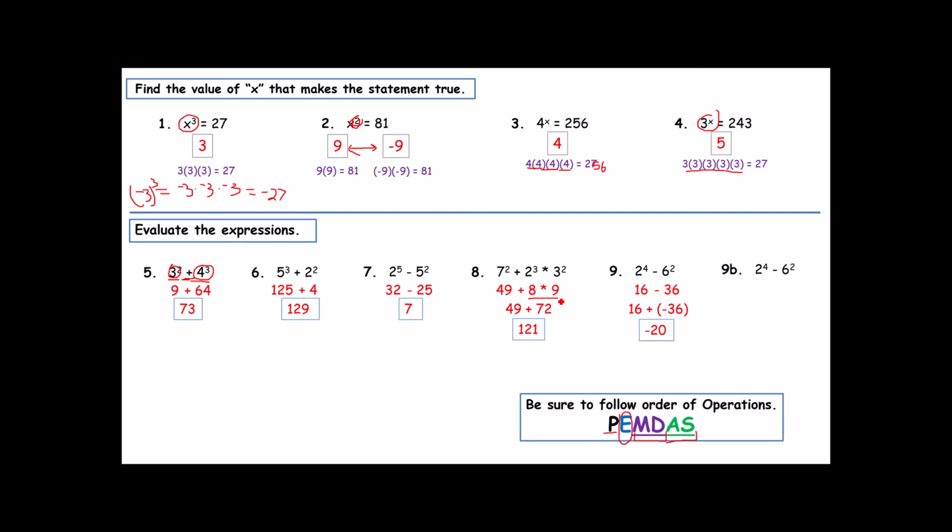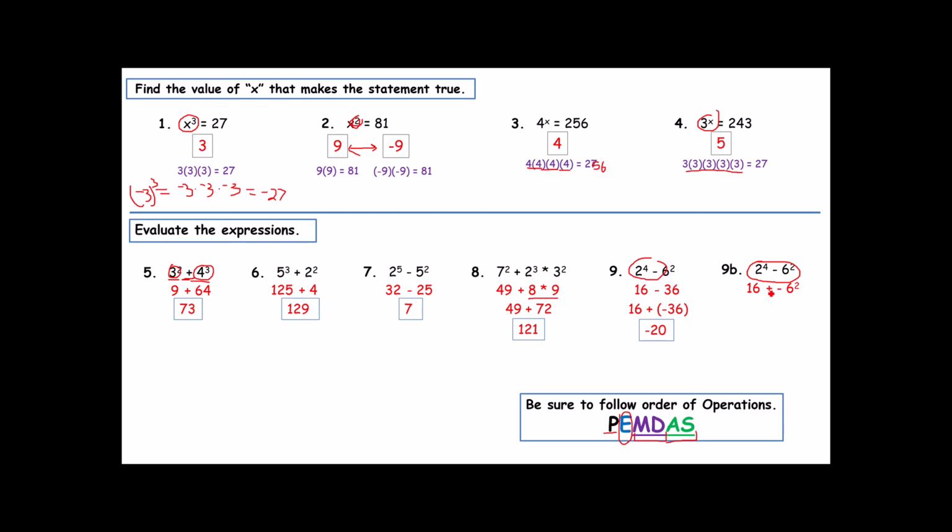How about this one? I want you to think about this for just a second. I'm going to do it slightly different than I did this one. Notice the equation is the same, but instead of doing my exponents first, I want to think about what this minus sign means. Remember in our integers unit, we talked about the fact that subtraction is the same as adding the opposite, right?